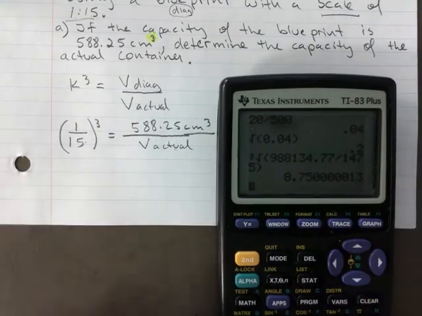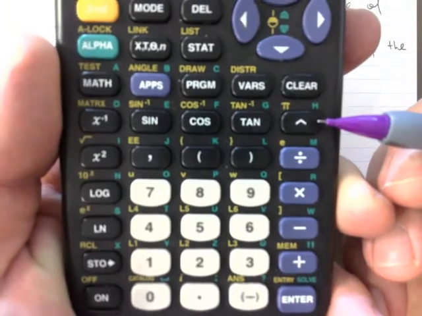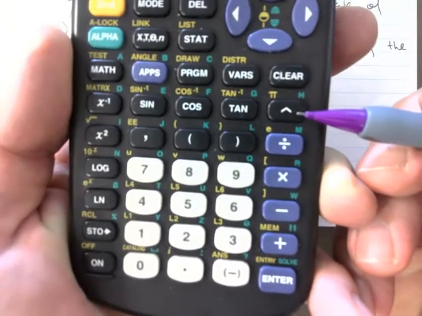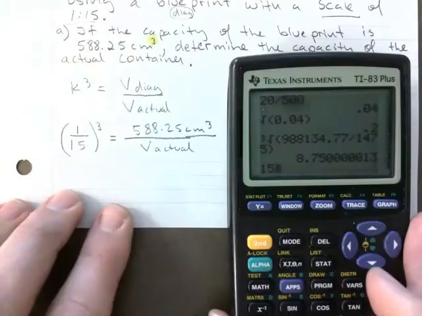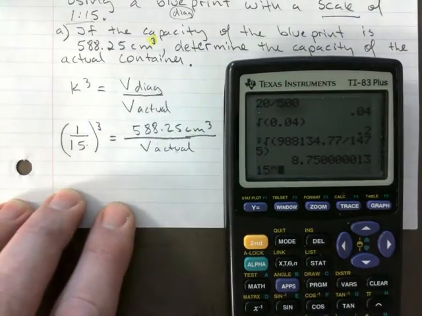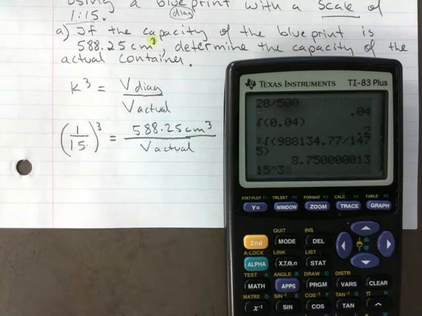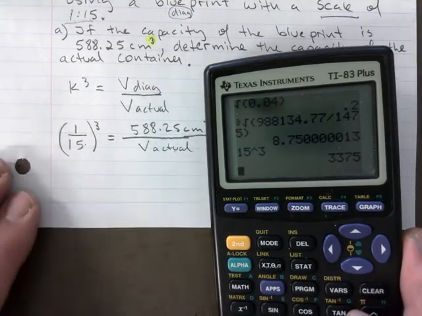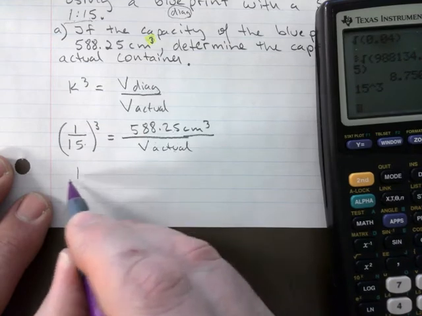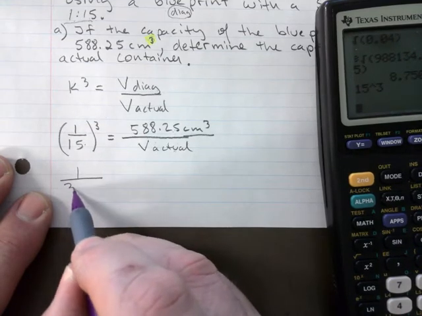So watch this. You take 15. This is the power button right here. Watch, look in the screen. Under clear, that little hat there is like your power button. So this is what I do. 15 to the power of 3. So 15 hat 3. That's what it gives you. I know that 1 cubed is just 1, but 15 cubed is this.